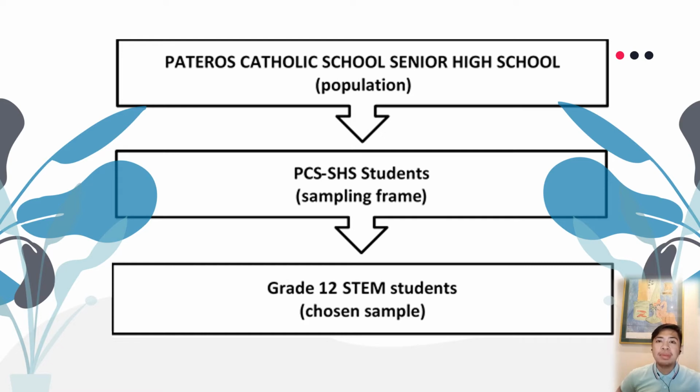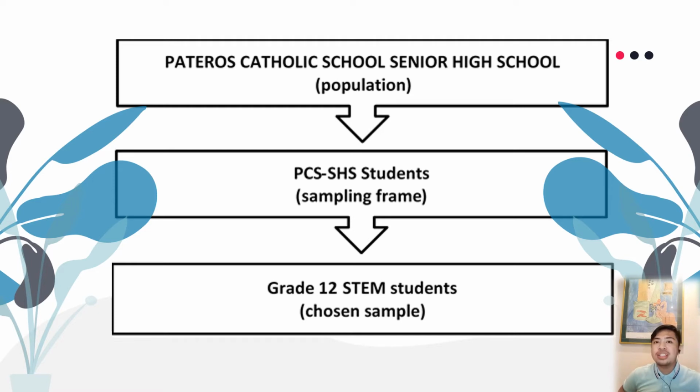Now, the sampling frame is where we will get the chosen samples or the respondents for your research. So if PCS senior high school students will be our sampling frame, therefore, our chosen sample would come from that frame. So for example, we will have grade 12 STEM students. So that's how the three terms are different.